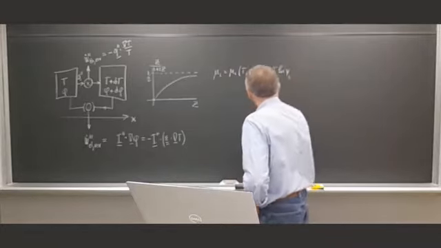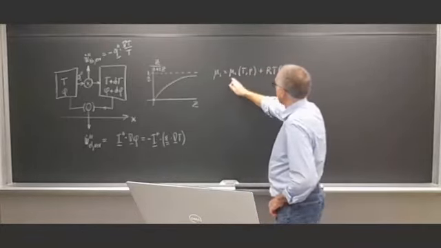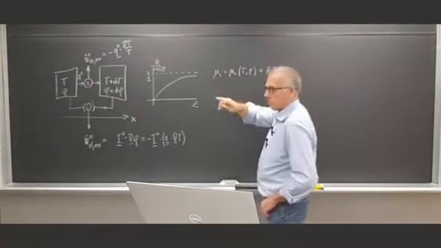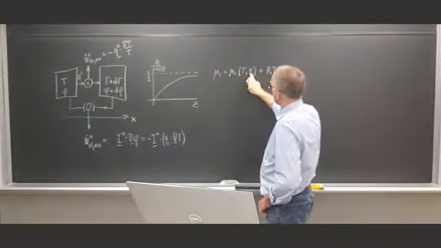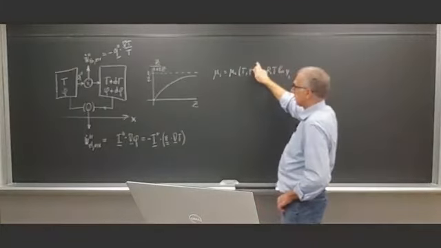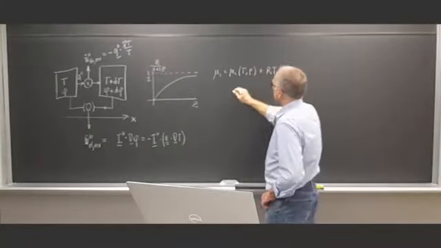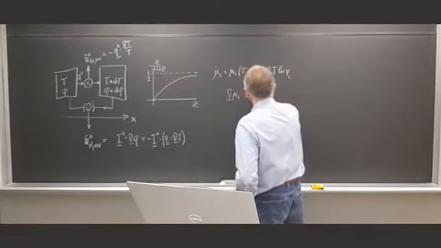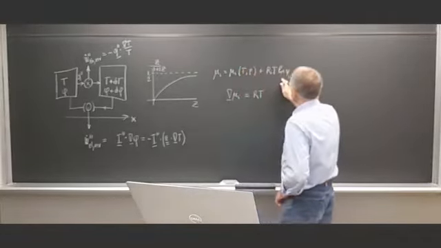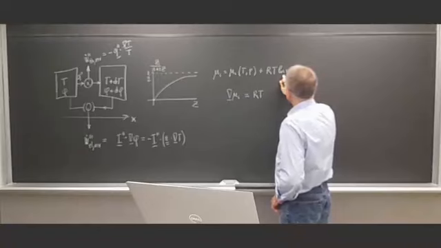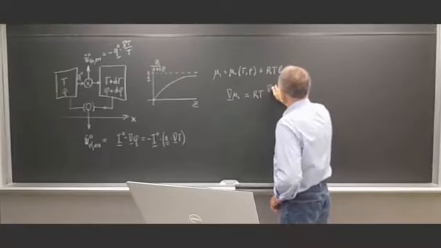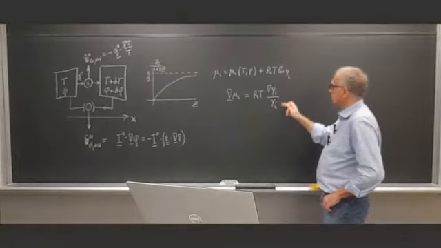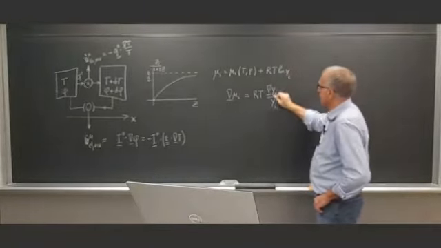For an ideal mixture, you can write this, and therefore the gradient in the chemical potential, because here we are at fixed temperature and pressure, so this doesn't enter into the gradient, and so then you get that gradient in mu is RT times the gradient of the logarithm, so that's the gradient over y.